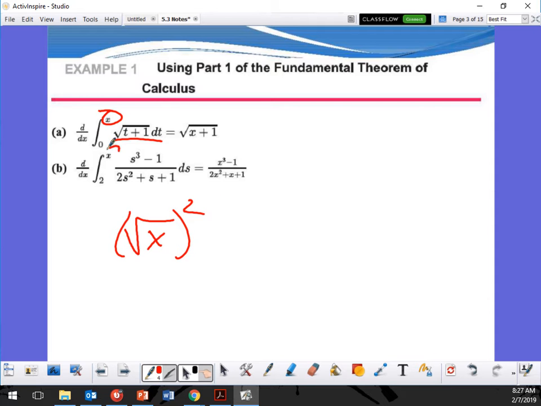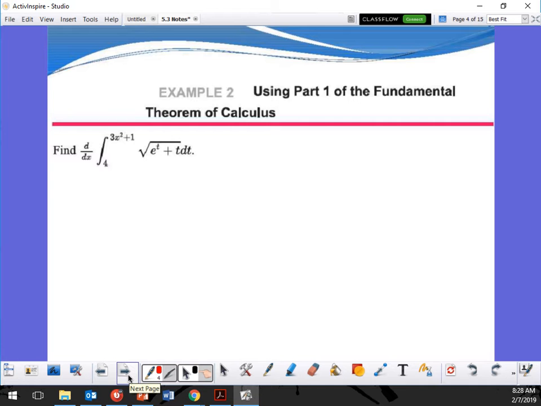So same thing goes here. Of my x cubed minus 1, then it's 2x plus x plus 1, right? Okay, so now this right here. What would I do for this one? Instead, it's going to be the square root of e to the 2 power. So it should come out like this, right?